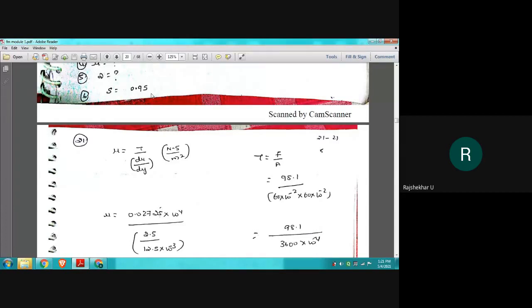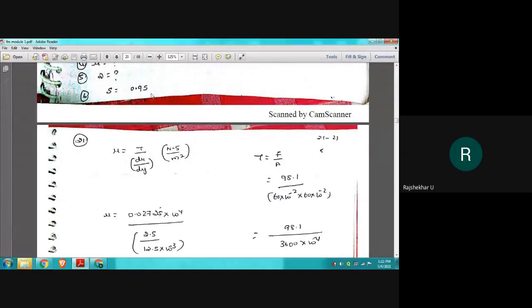What is the specific gravity definition? Density of fluid to the density of liquid water. Okay, so the density of fluid which is given in the problem, and the density of the standard fluid which is water.